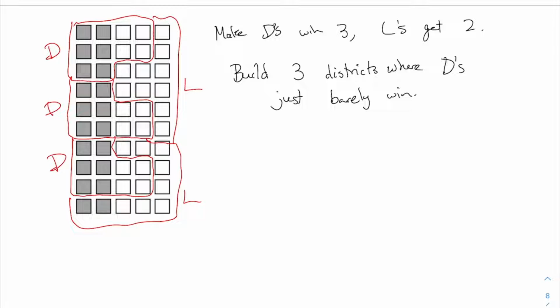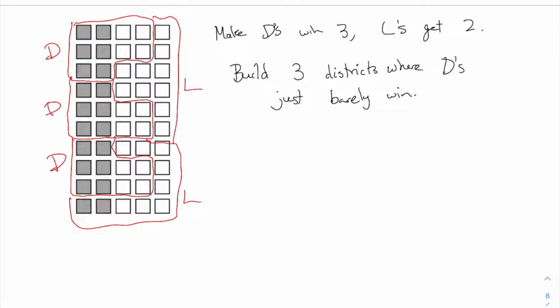You will see it's not a coincidence. When you are building the districts in very specific ways, you end up creating a bunch of weird snaky shapes. And this is what happens in the real world. That's why gerrymandering in the real world results in weird snaky shapes. It's because somebody somewhere was trying to play some games to make the districts be a very specific way, and then they had to make weirdo snaky shapes for the other districts.